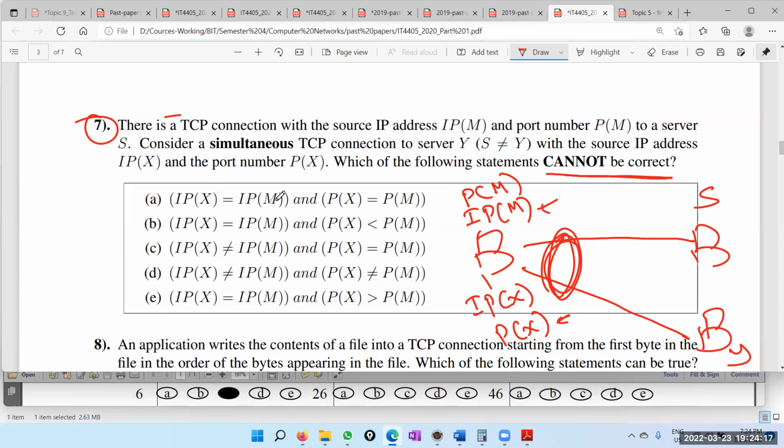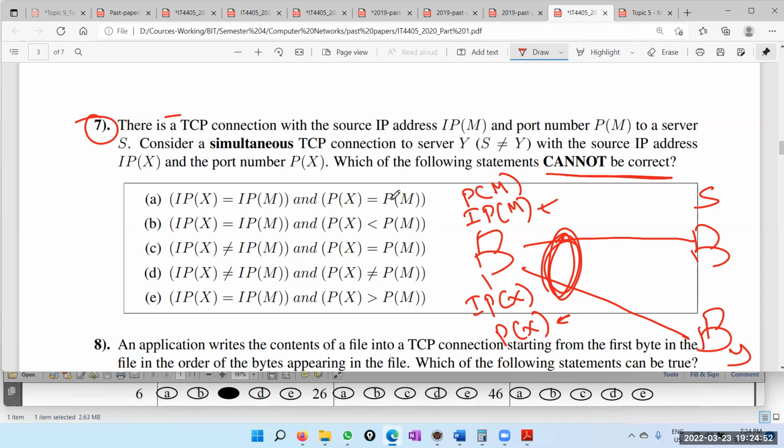Now let's see. IPX equal IPM, so that is possible, and port X equal port M. Now, if it is two different communication sessions, definitely the port must be different. So that is something you have to understand, okay? Because it's two different connections, right? Two different connections means it has to be two different ports. So therefore, definitely PM and PX must be different. And this says PX equal PM, right?